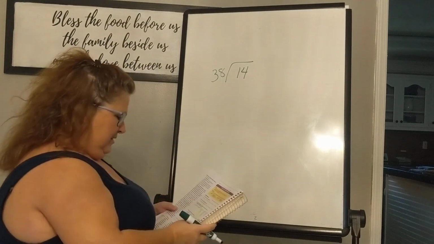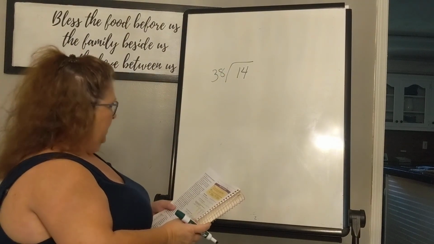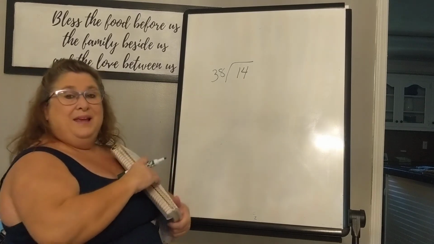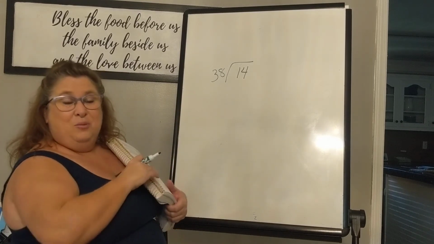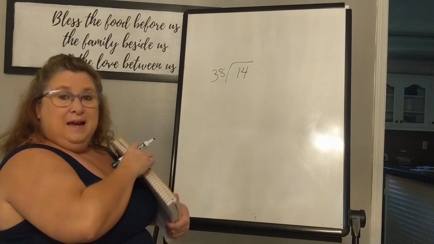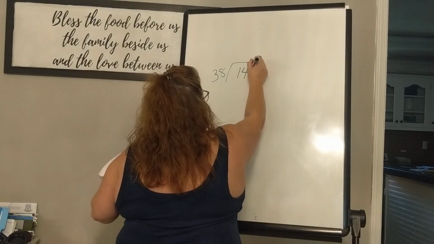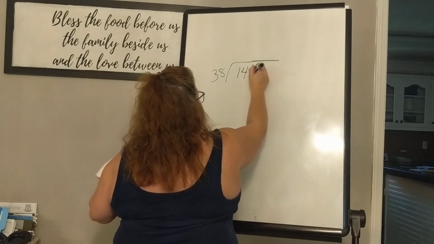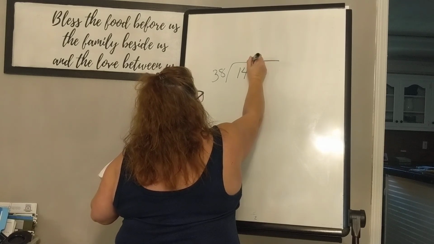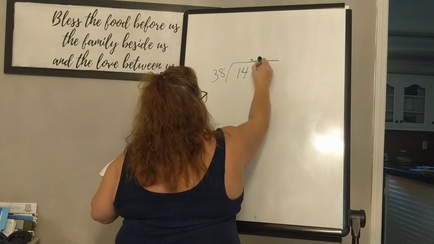Now look at that. That's crazy. Our bigger number is on the outside. It's still possible to do that by annexing your decimals and annexing your zeros. So we will have to right away put a decimal in our quotient and annex a 0.